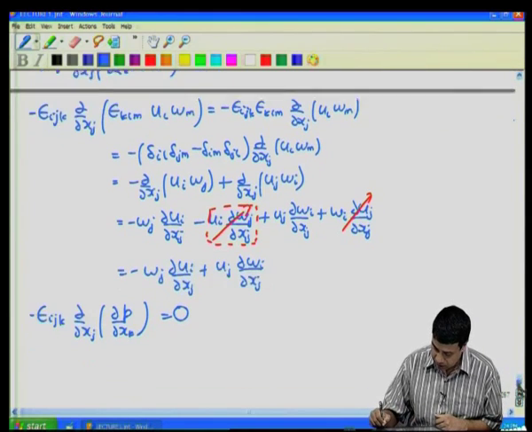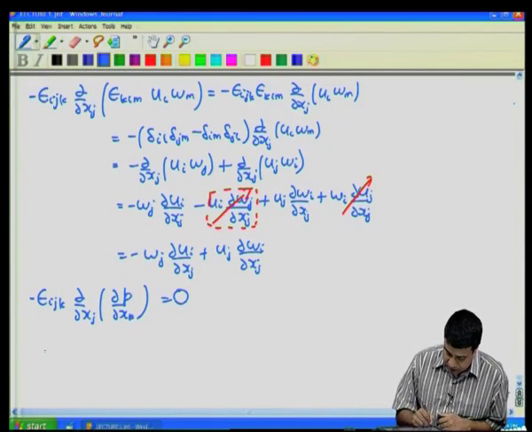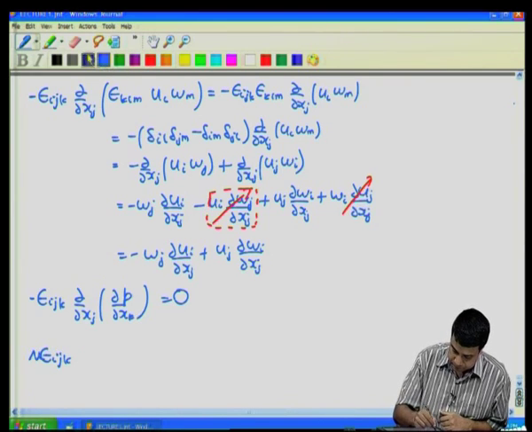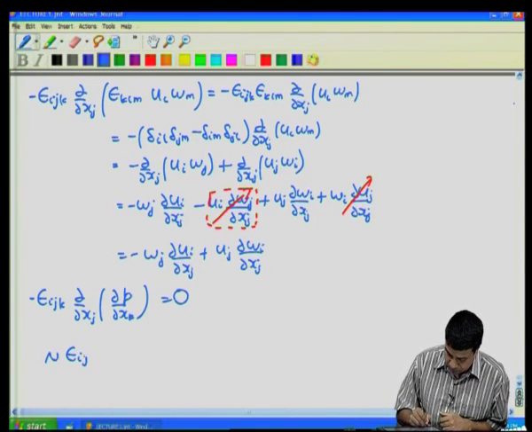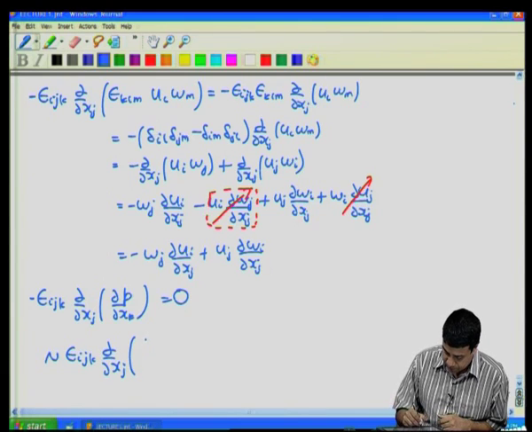And the last term that we had was epsilon i j k, there was a viscosity there, nu, partial by partial x j of partial square u k by partial x l square.